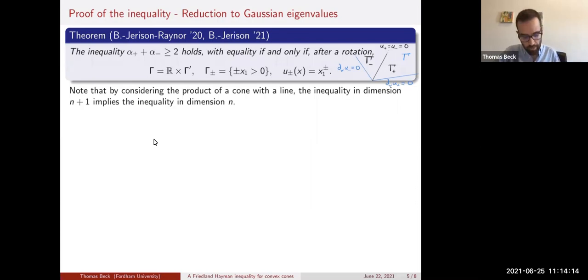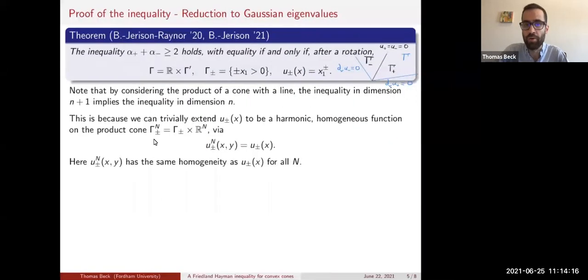Or on the level of the harmonic functions u plus and u minus, if we have a function u plus of x defined on a cone in little n dimensions, then we can just trivially extend it to a cone in a higher dimension, as we see by just adjoining copies of R. And by doing this, we're not changing the fact that u plus is a harmonic function, and we're also not changing the homogeneity of the function u plus.